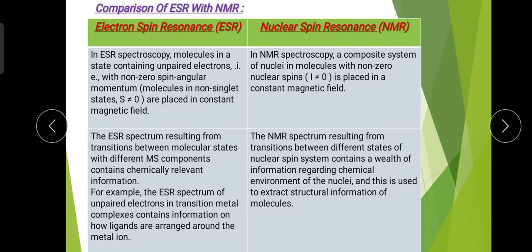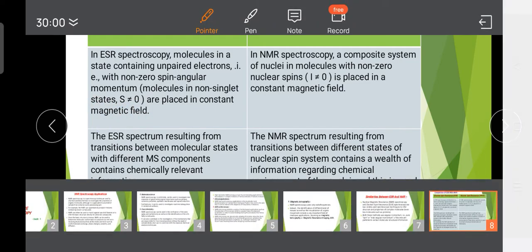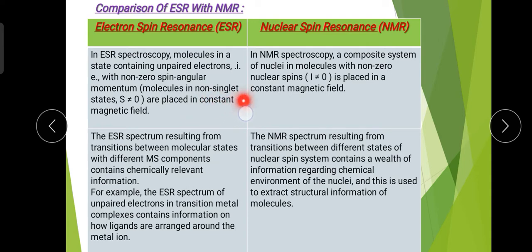In ESR spectroscopy, molecules in a state containing unpaired electrons, that is with non-zero spin angular momentum, molecules in a non-singlet state, that is S is non-zero, where S is the total spin, are placed in a constant magnetic field.